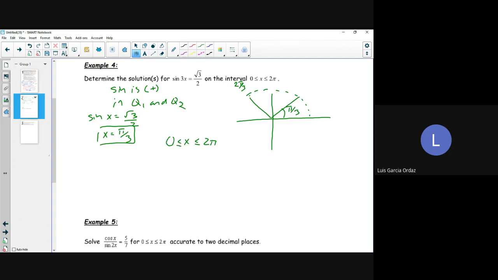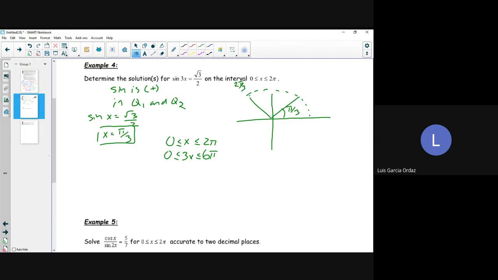But because of the fact that sine 3x is there, what happens to our domain? You multiply both sides by 3. So you get 3x is less than or equal to 6 pi, but greater than or equal to 0.